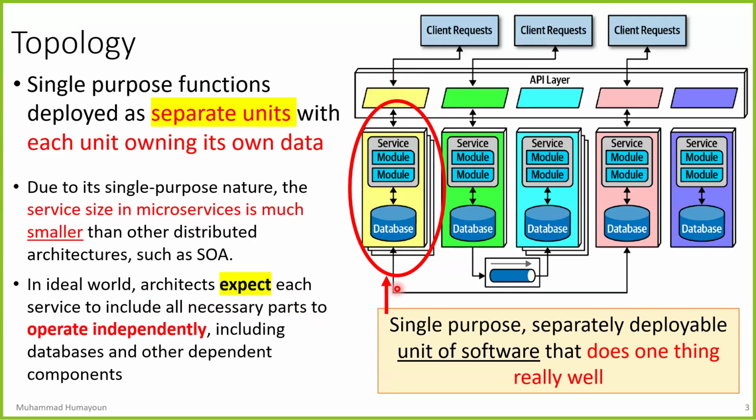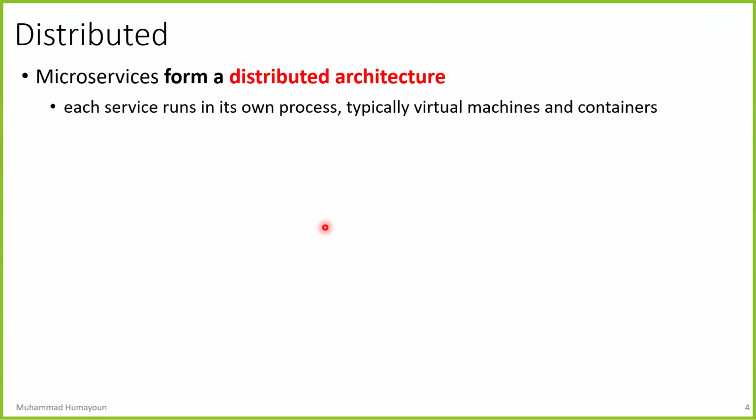Many times we will be violating that, but the ideal scenario we want is that whatever components, things, data we need related to this functionality must come from the same service. It should not have to go out from it. But of course, it's an ideal scenario, which is really hard to have in real world applications. But this is what the ideal scenario looks like, at least in microservices.